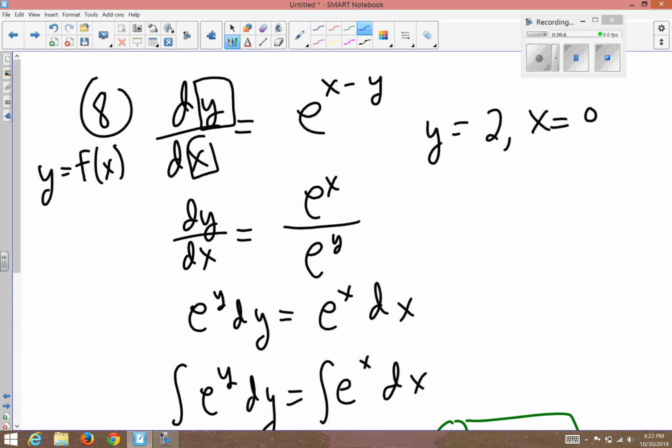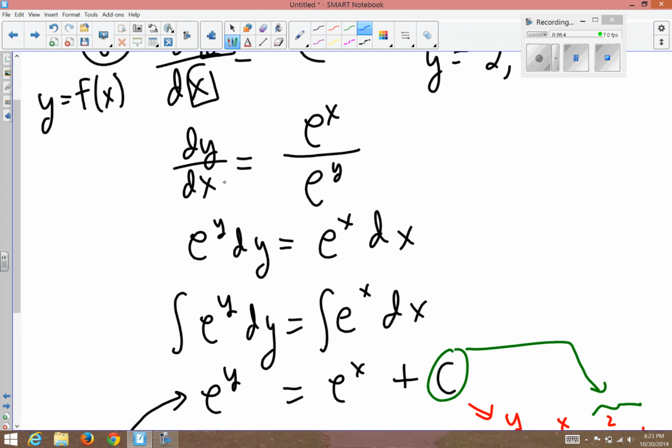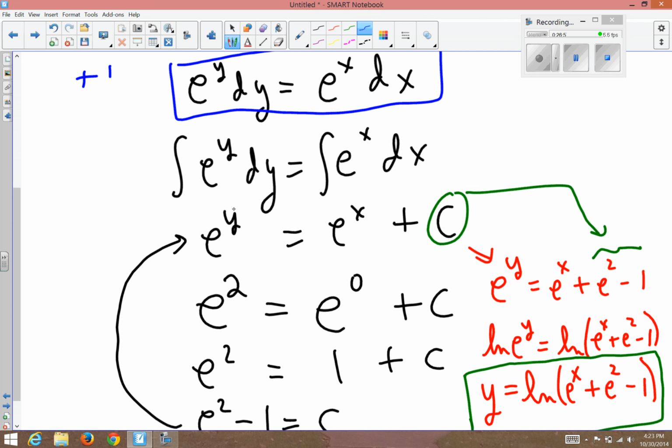So grading this one, the variables were separated, not here. See D in the denominator. Right here, variables separated correctly. Correct integrals, sometimes they're worth 1 each, but in this case these are both exactly the same, so you probably would only get 1 point total for having both of those antiderivatives correct.